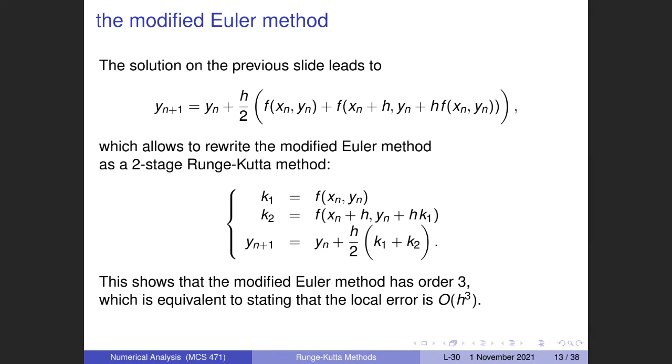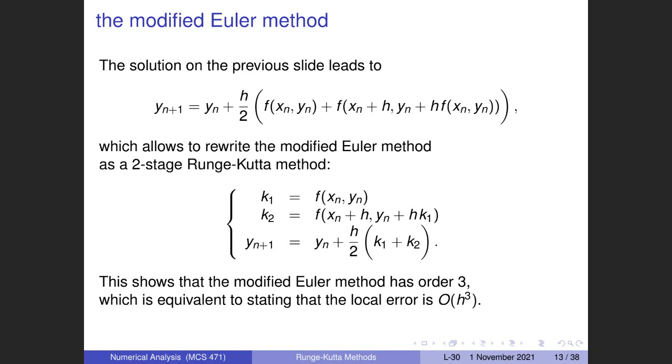All right, so summarizing up, here we have the modified Euler method that we can write in a practical way. Writing the modified Euler method as a 2-stage Runge-Kutta method lends itself very well to execution, to a systematic program to run this.